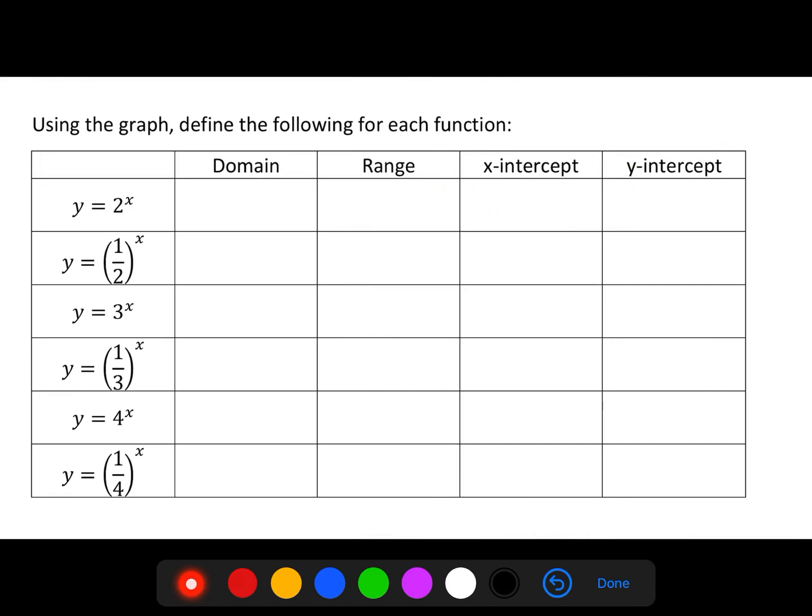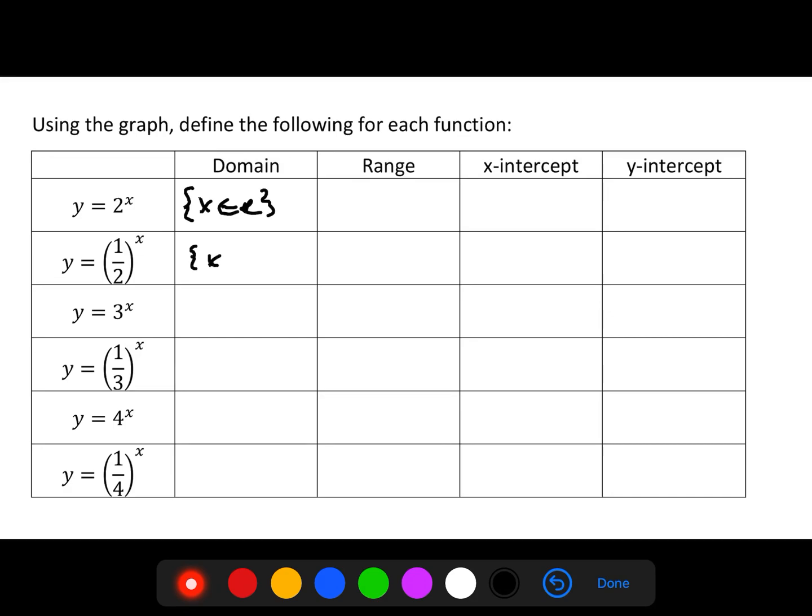Now, taking a look at some of the properties of our functions here. For the domain of the following functions, we notice that the domain of each relationship is that x can be any real number.